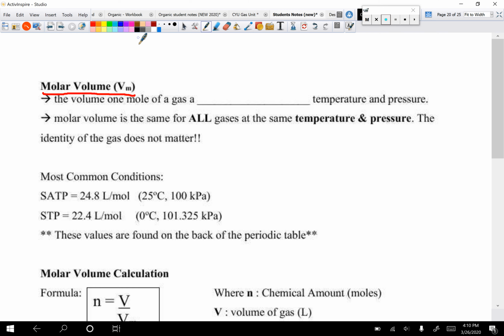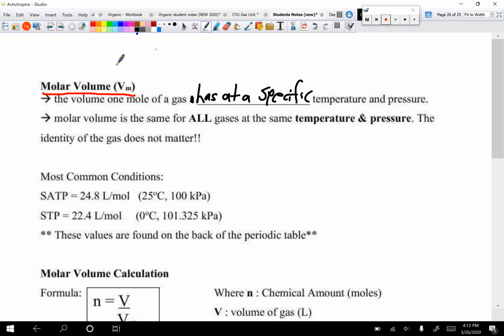So the molar volume is the volume 1 mole of gas has at a specific temperature and pressure.